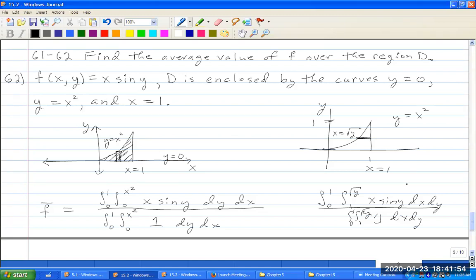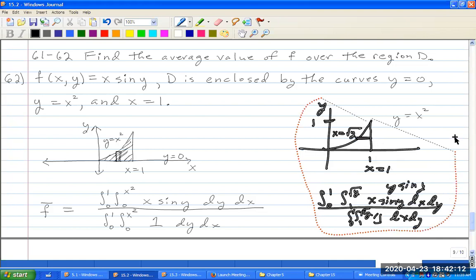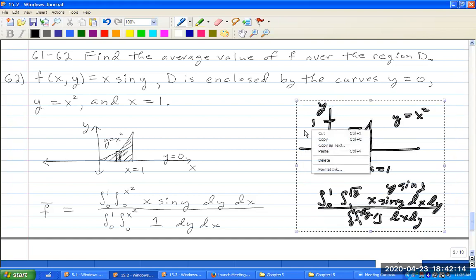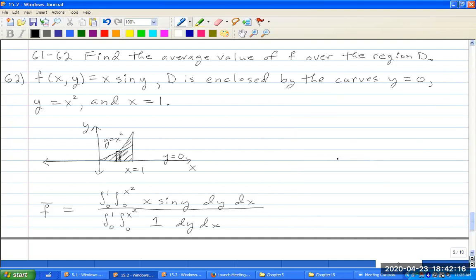So you're going to have to do an integration by parts. It's not so bad. It's a doable integration. Let's see if the other one is doable. I think this might be easier to integrate.